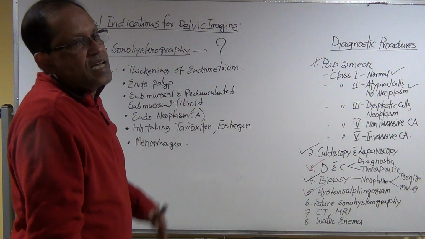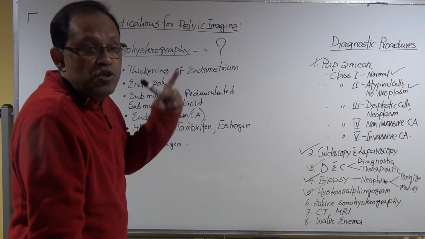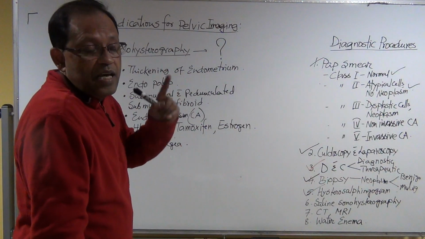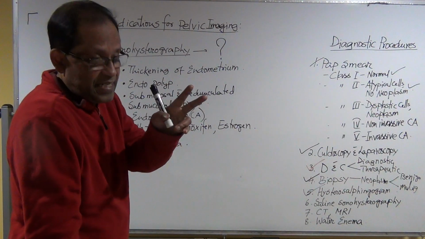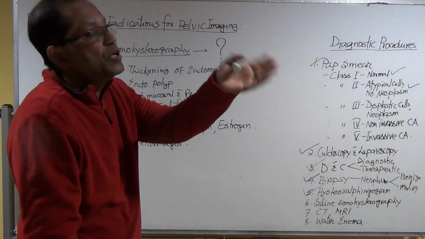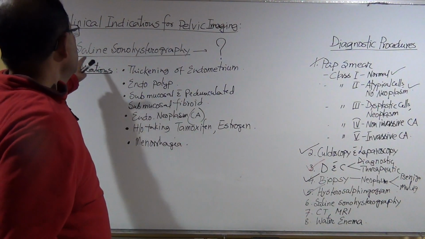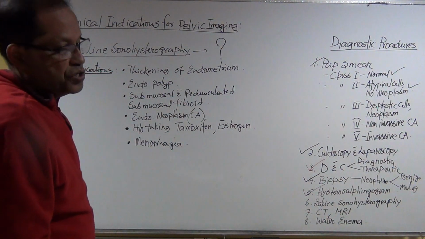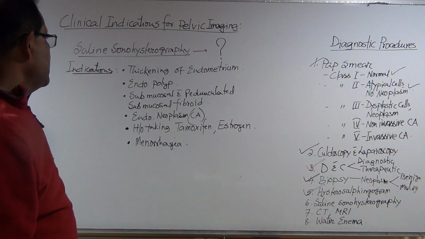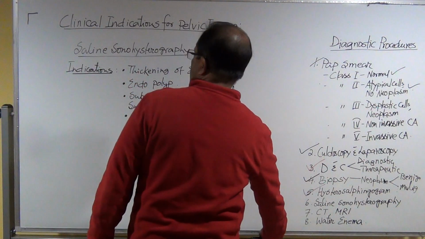Who is this inside the uterus bothering this woman? But they will not do the next thing, that is the taking off of a polyp and sending for biopsy. No, they will do it in different settings. This is one setting, that is saline sonohysterography.